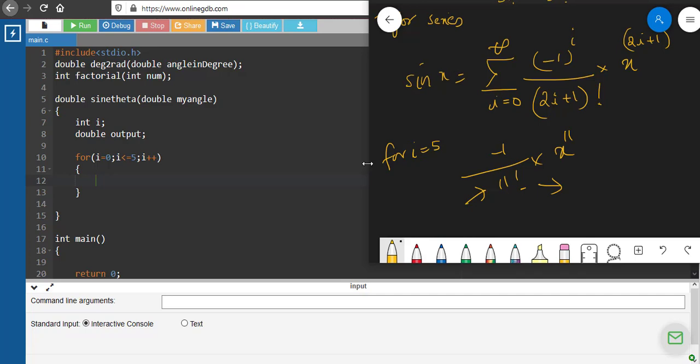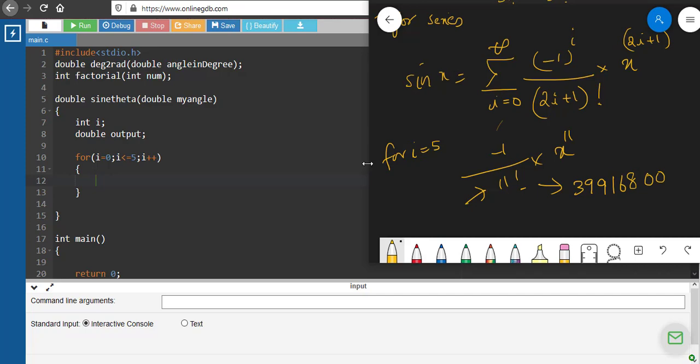It is something of the order of 39916800. So it's a very big number. 1 divided by that big number will be a very, very small number. So these terms are not adding much to the total value of the sine, so we can avoid this. That is one reason.